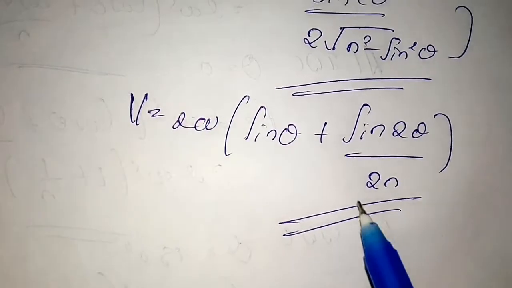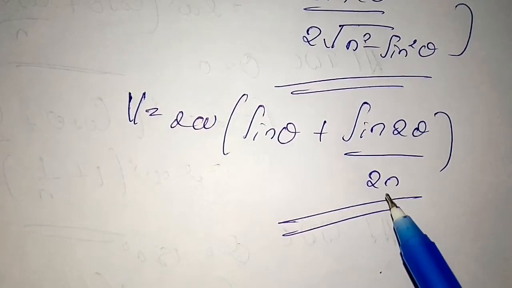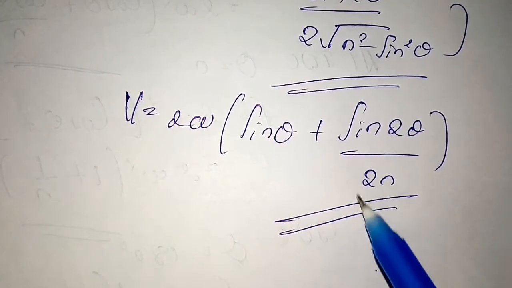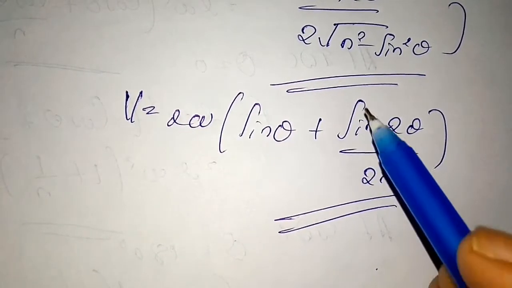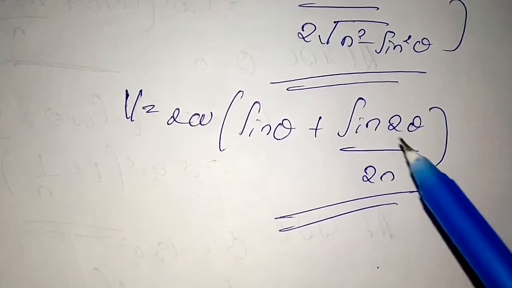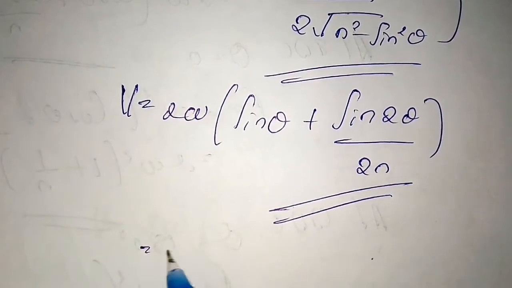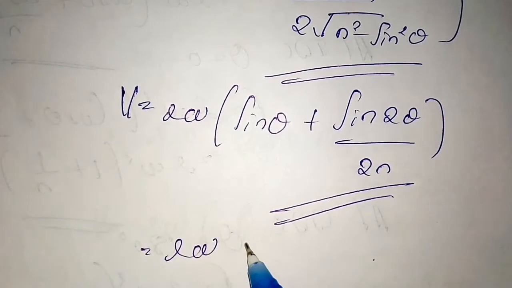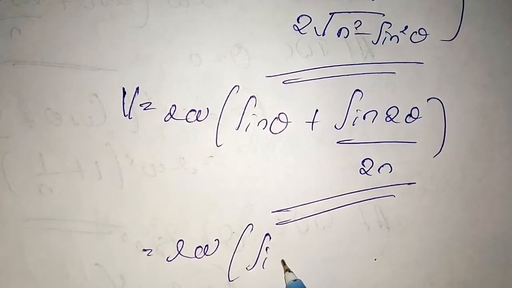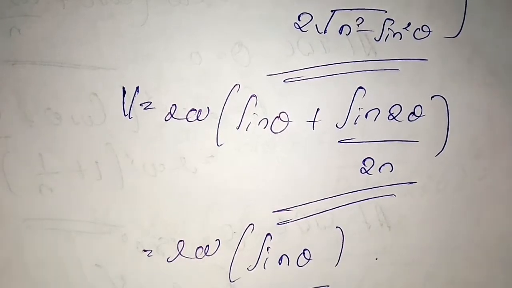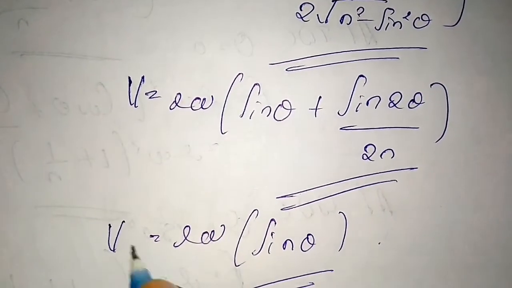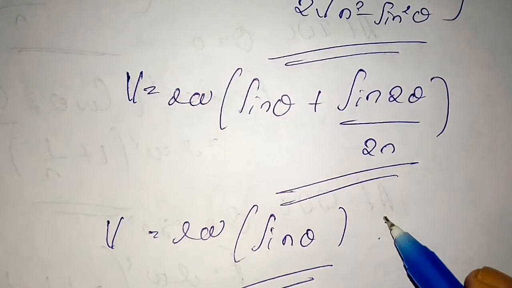And again, if the length of the connecting rod is very big, 2n will be a very big value and sine 2 theta will be very small, so this term will be very small and we can neglect that too. So the final equation will be r omega into sine theta. Now we have found the equation for velocity.